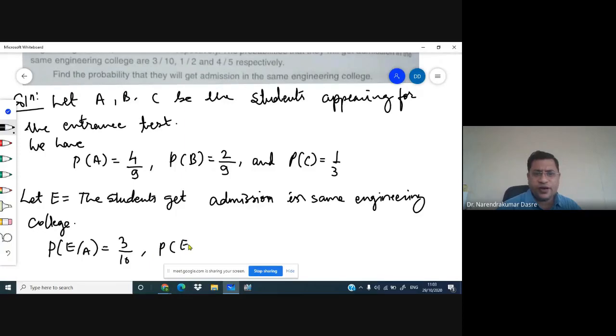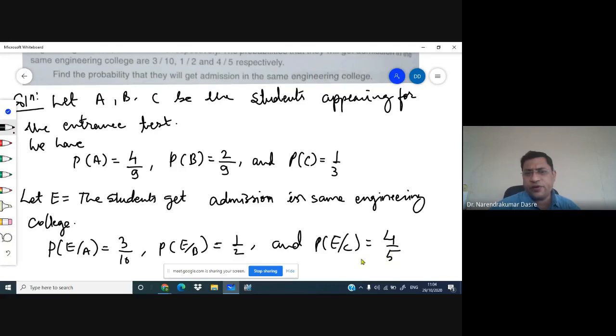The probability of getting admission in the same engineering college if B passes the entrance test is 1 half. And the probability of getting admission when C passes the entrance test is 4 by 5.